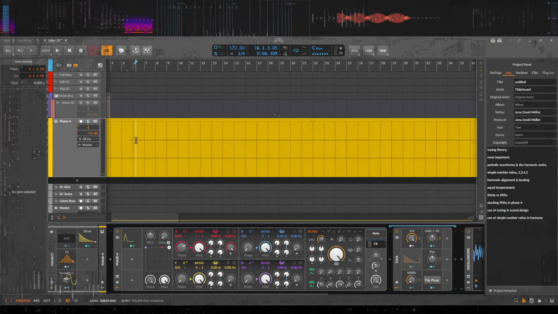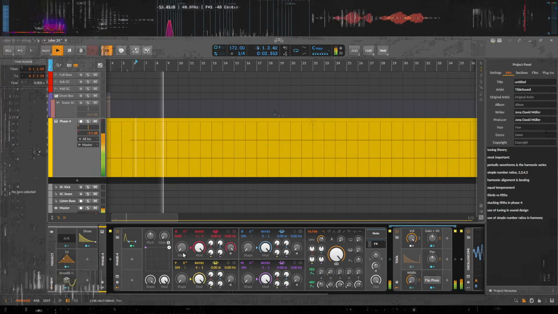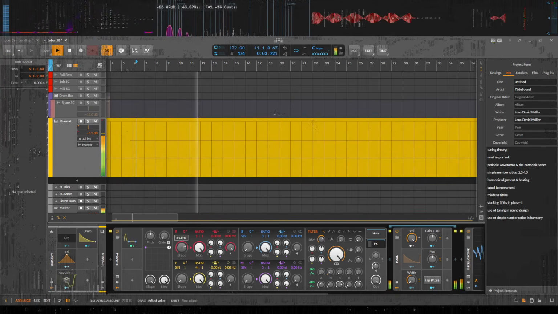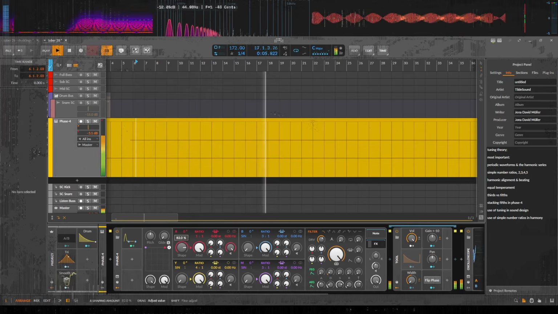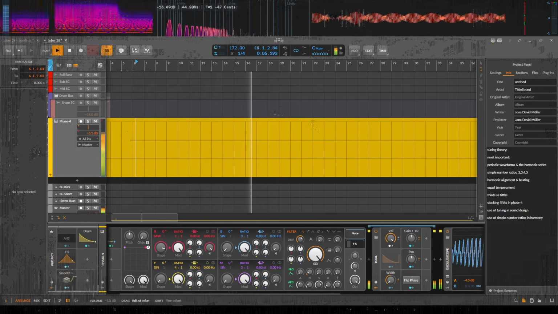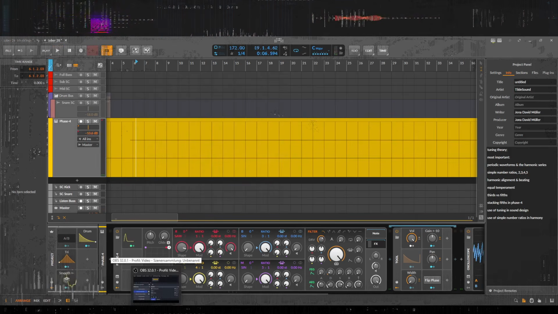For saws, it sounds kind of dense and unpleasant and muddy, whereas for sines, it really just sounds like a tremolo. Really interesting formula, really interesting implications for sound design and music.